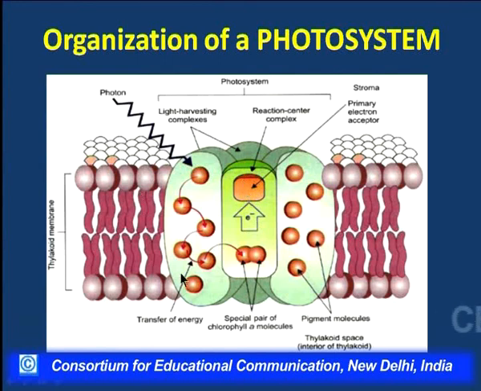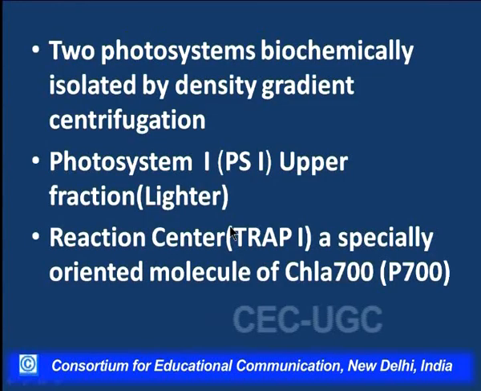If you look at it carefully, this is the interior of the thylakoid, so this is the lumen, and this is the stroma side. So we also have to see the vectorial arrangement of all these light harvesting centers and the other protein molecules. How are they present on the membrane?